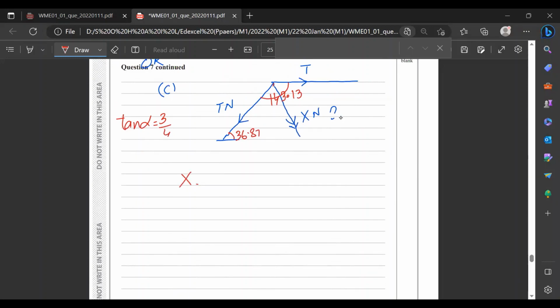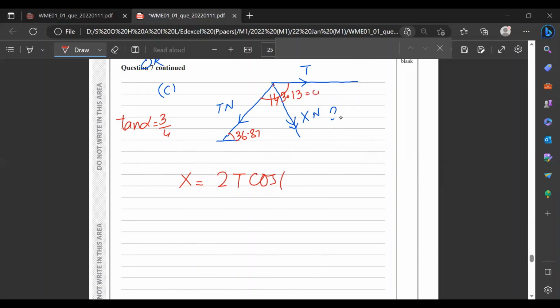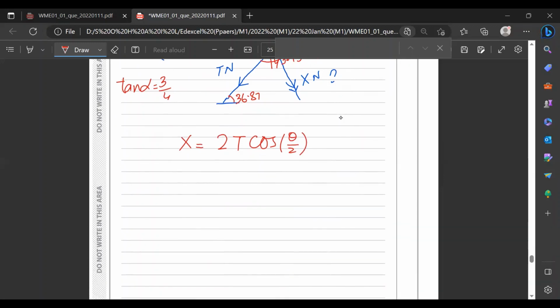X can be obtained directly. There's a formula: 2t cos of theta over 2, where theta is the angle between the forces. So x is equal to 2t cos theta over 2.